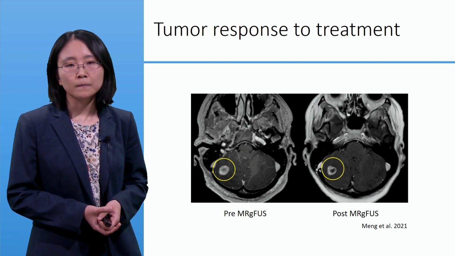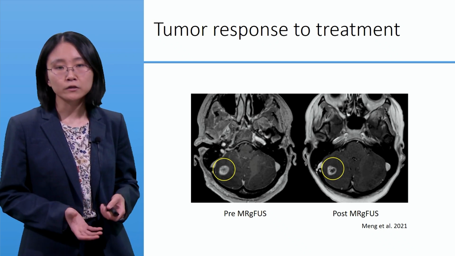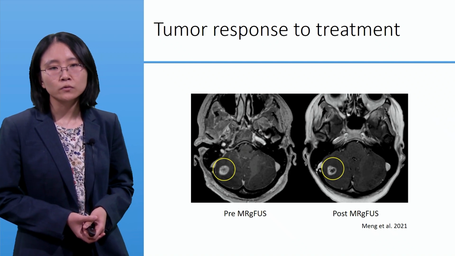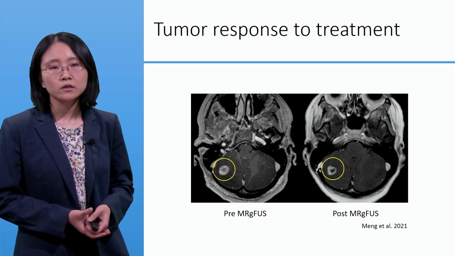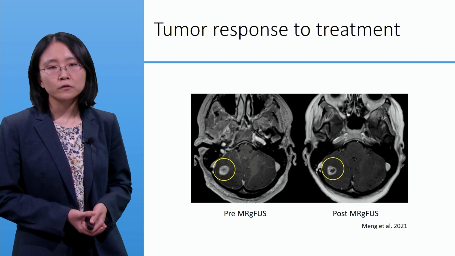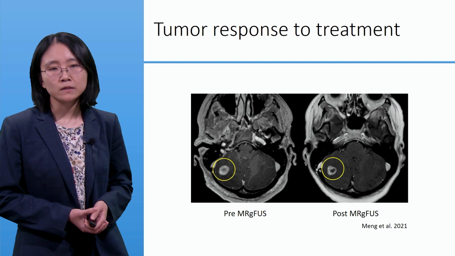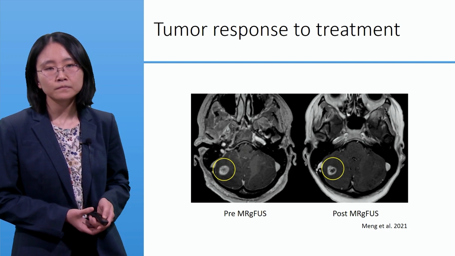However, this data is quite early and is an area that is under active investigation, and we're waiting for multi-center studies to finish recruitment and their investigation, and for their data to come out to draw a conclusion about whether focused ultrasound plus drug combination is an effective means to treat patients with brain tumors.